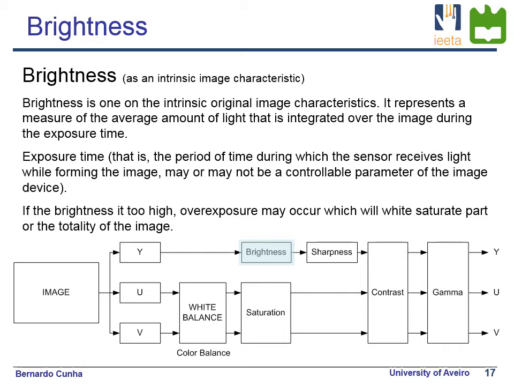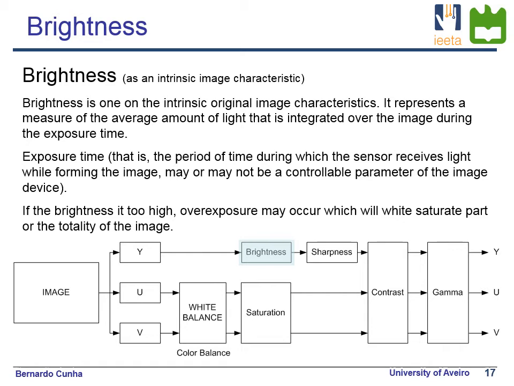This means, in fact, that exposure time is the period of time during which you start acquiring a new image, that is, you start integrating information on each of the pixels, and when this exposure time ends, you get that image out of the sensor, you clear up the sensor and start the acquisition of a new image.